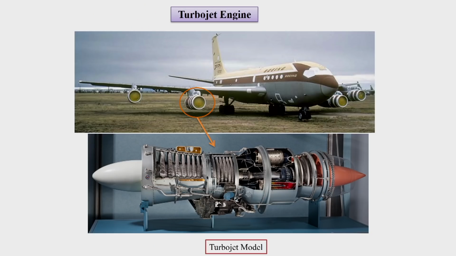So in that case we have a nozzle. A conventional arrangement in a turbojet engine would initially be the compressor, with multiple stages of compressors, then the combustion chamber, then the turbine, and then the nozzle.